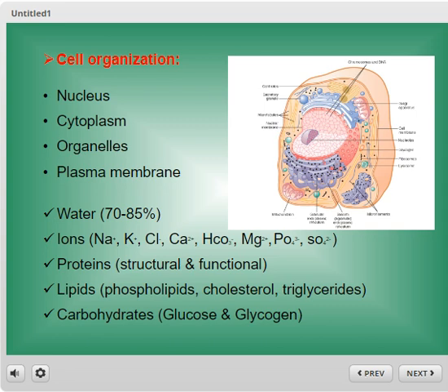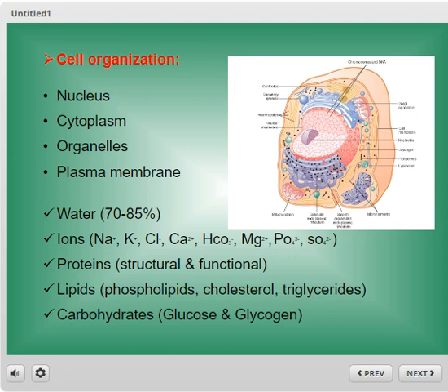Cells are organized in various components, each playing a vital role in their function. We have several key components in the cells, including nucleus, cytoplasm, organelles, and plasma membrane. The nucleus is the control center of the cell, housing genetic material, DNA, and the cytoplasm is a gel-like substance that fills the cell and contains organelles.